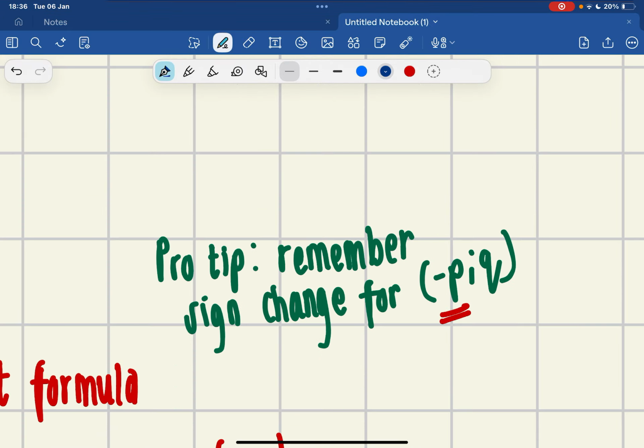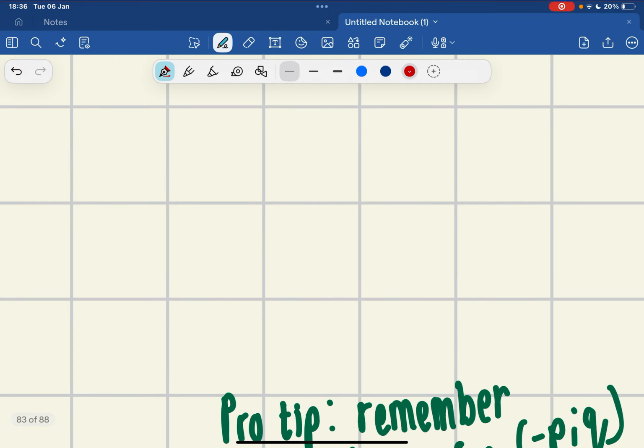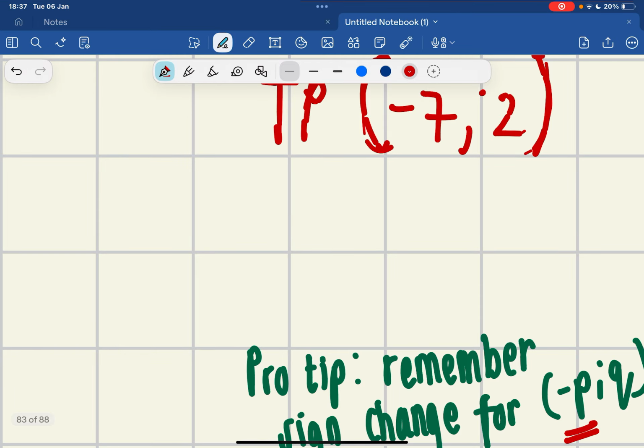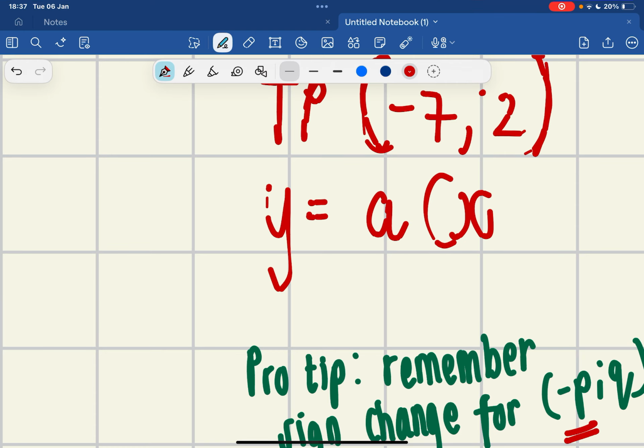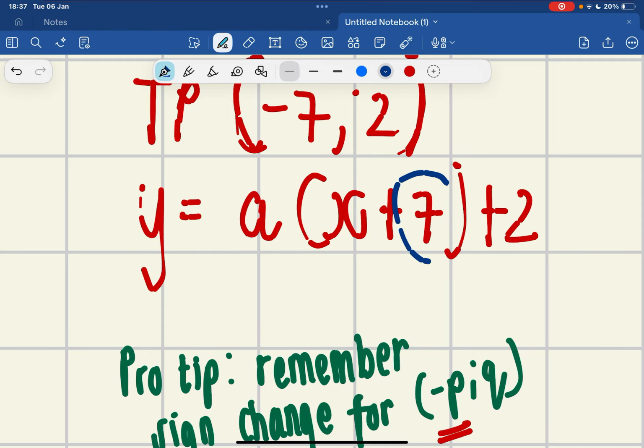A pro tip is to remember the sign change. If you're given the turning point as (-7; 2), when substituting into your formula, your p-value would be +7, plus 2. So remember the sign change.